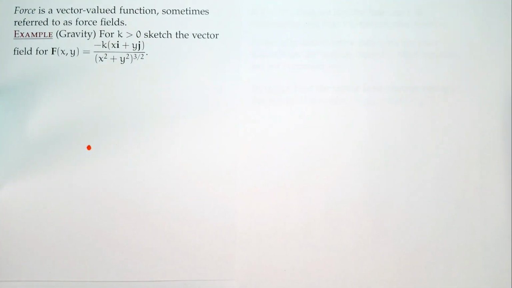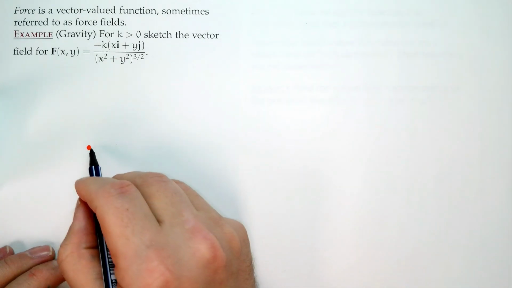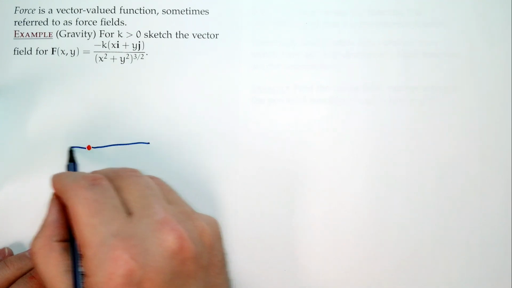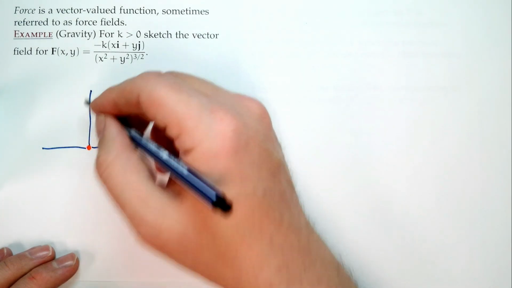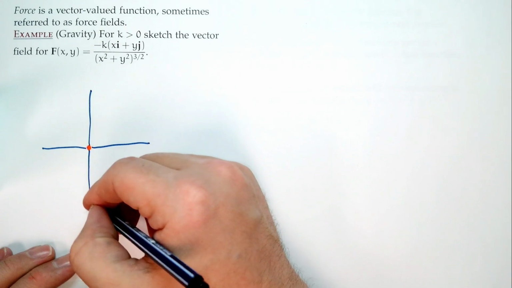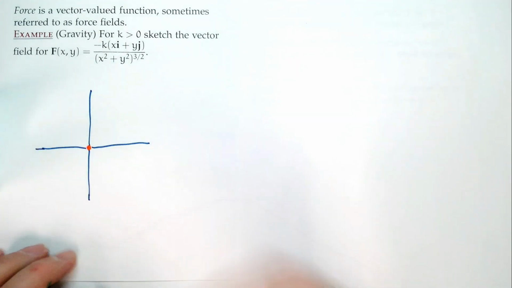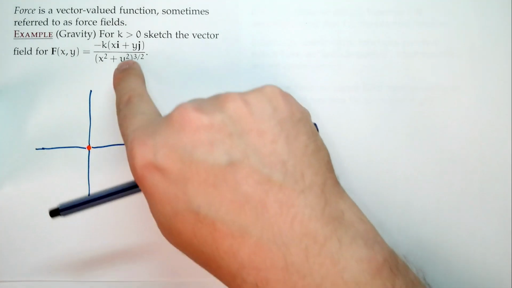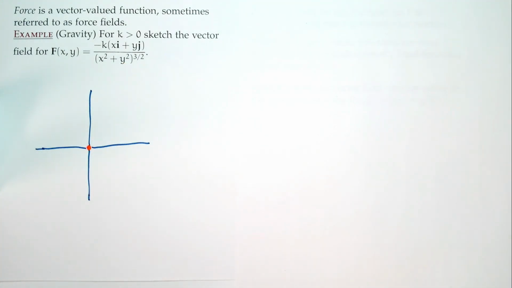So you have this very heavy object at your center, and all our other objects in space are pulled towards this point. So how do we do that? Well, the claim is this function models gravity. So how can we see that?